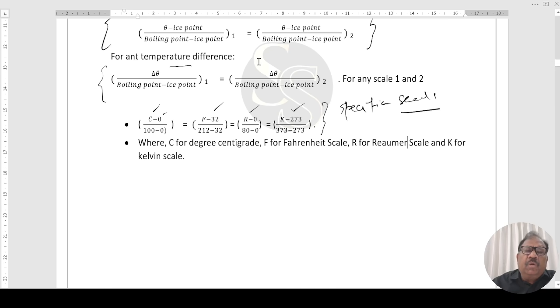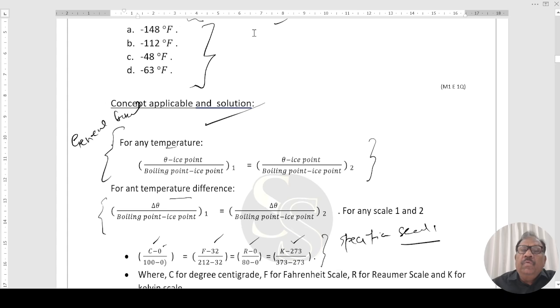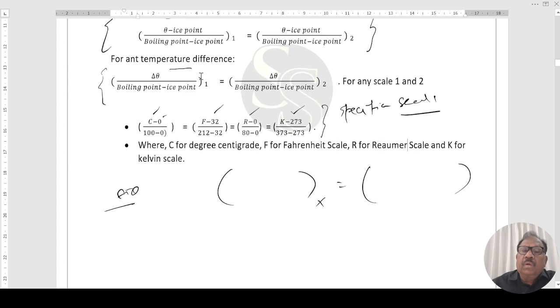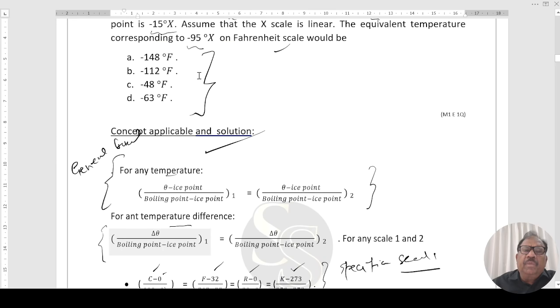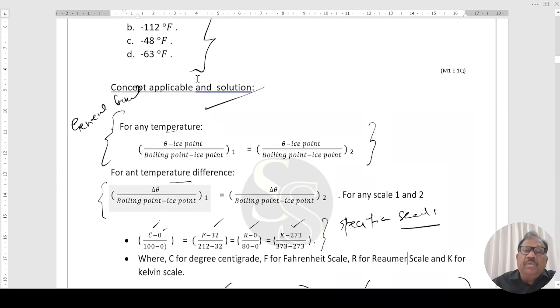In the given question, two scales are there: the X scale and the Fahrenheit scale. We have to find the answer. Given temperature is minus 95.